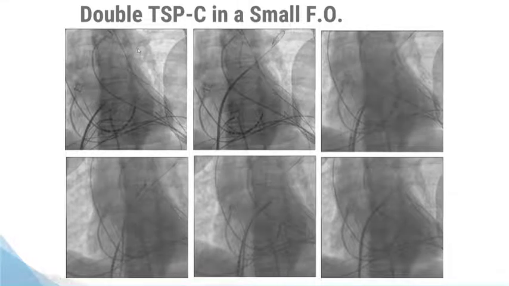We do the first transseptal puncture, then we put a long guide wire in the left superior pulmonary vein. We withdraw the first transseptal sheath in the right atrium, then we insert a second catheter in a second transseptal sheath.